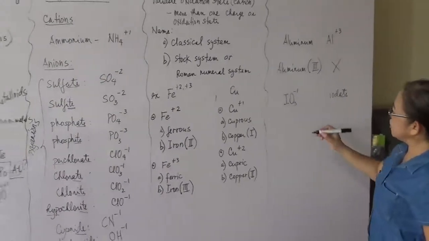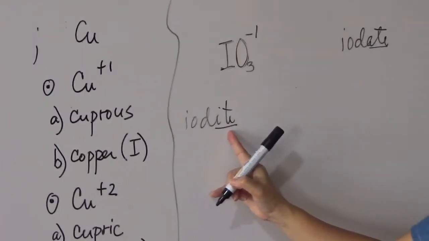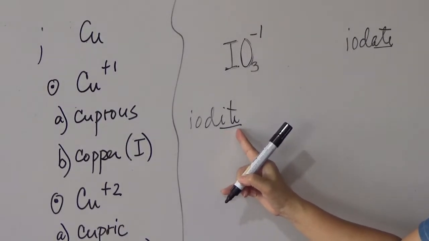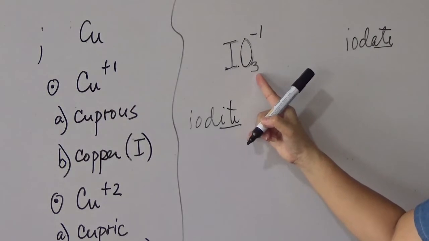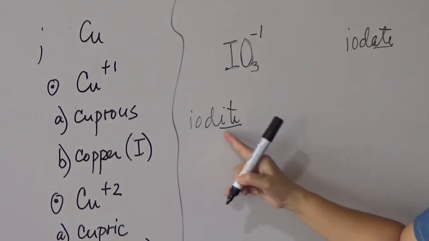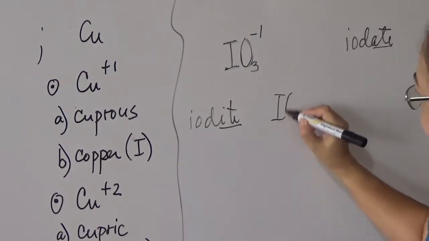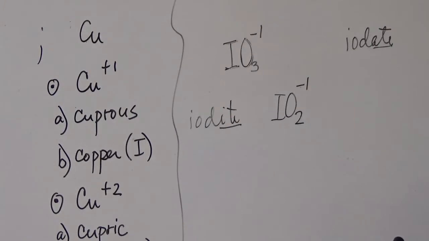If you are going to write iodite, take note that it ends with ite. So the symbol will have one less oxygen atom. If iodate is IO3, therefore iodite will be IO2, and the charge is the same, negative 1.